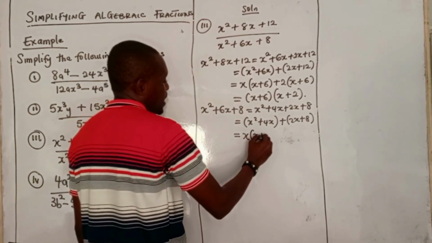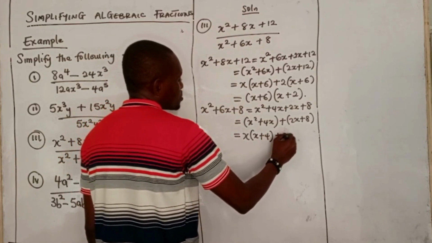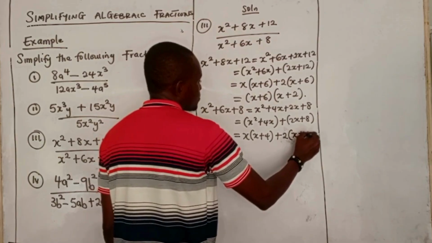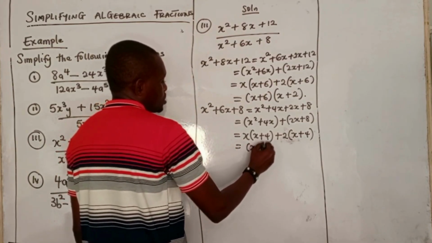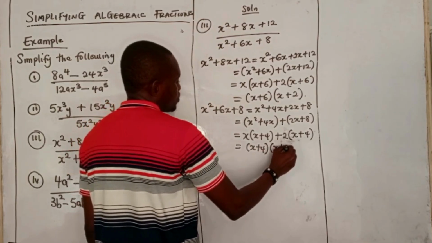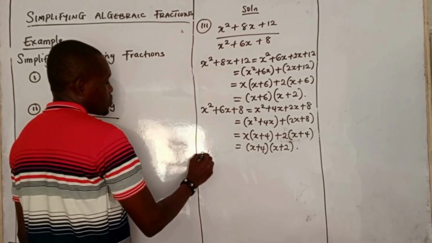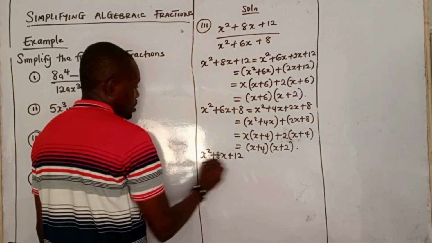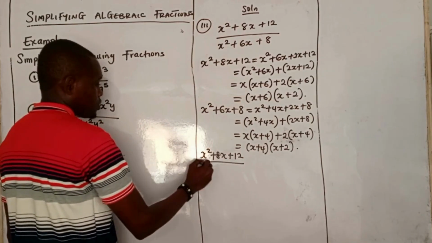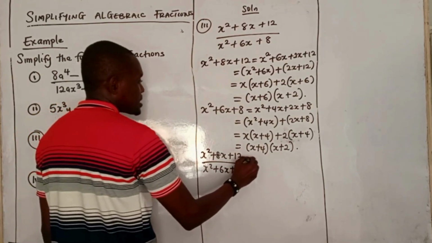So we are going to have x plus 4. And then for the other one, the highest common factor there is 2, so we are going to have x plus 4. So we pick the x plus 4, and then we have x plus 2. Then what now happens? We come back to our question, which is x squared plus 8x plus 12 divided by x squared plus 6x plus 8.